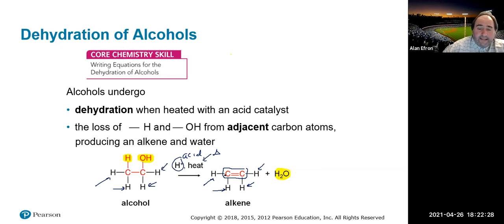So a dehydration reaction is when we remove water and put the double bond back in. A hydration reaction is removing the double bond and putting the water in to make the alcohol. So it's an opposite reaction. Just like when we put the hydrogen on the one with the most, we would then remove the hydrogen from the one that had the most, going the opposite way if there was more than one choice.